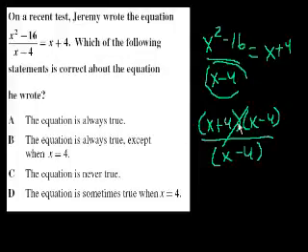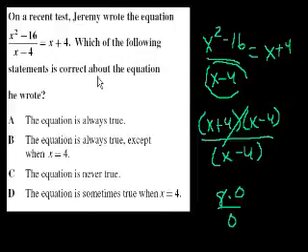If this was 0, 0 over 0 is undefined. Anything over 0 is undefined. So his simplification is true as long as x does not equal 4. Because if x equaled 4, then you would have an 8 times a 0 divided by a 0, and that is not defined. So this doesn't work when x is equal to 4.